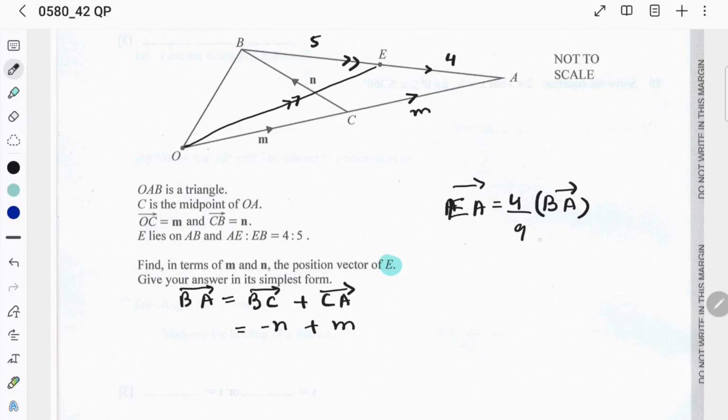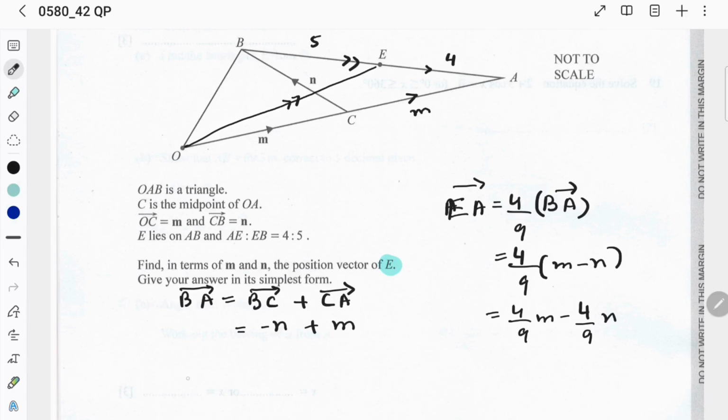Alright, so which is 4 over 9 of M minus N, or minus N plus M, that means the same thing. So that is 4 over 9 M minus 4 over 9 N. N is negative. So to find out AE, because I'm moving this way.